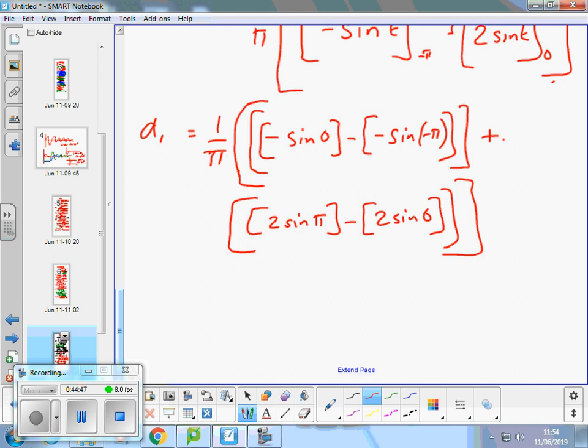Yep. Now, sine of 0 is 0, sine of minus pi is 0, but minus the sine of minus pi.